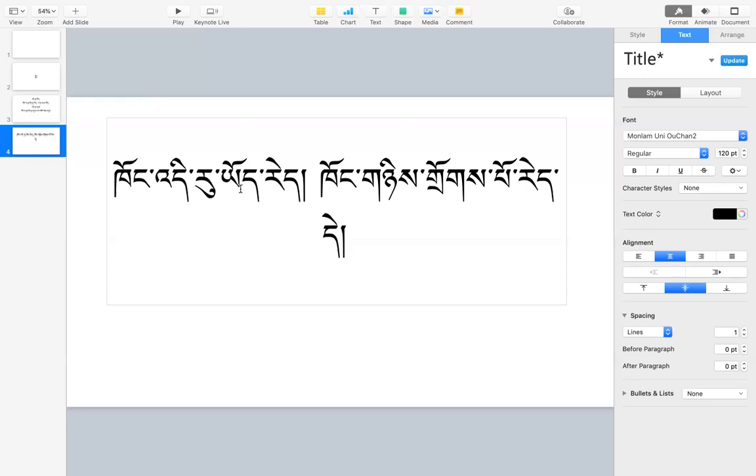So purtundro. Pur will be in the progressive term. Do will be in the present tense. There's no change in the spelling there because the focus is not on do. The focus is on pur, which is to fly.